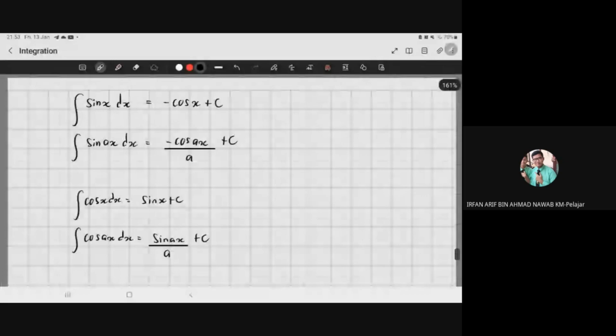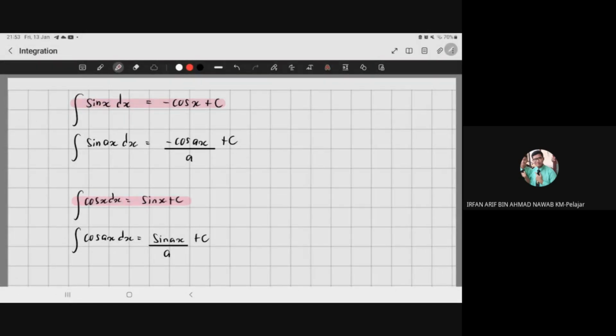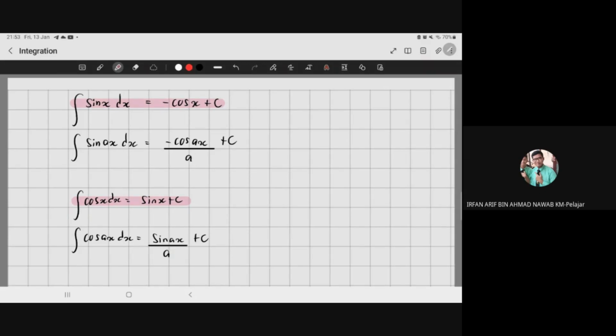If you don't want to remember, you can always use the substitution method. But as long as you remember both of these, there should be no problem when you apply the u substitution method later on.